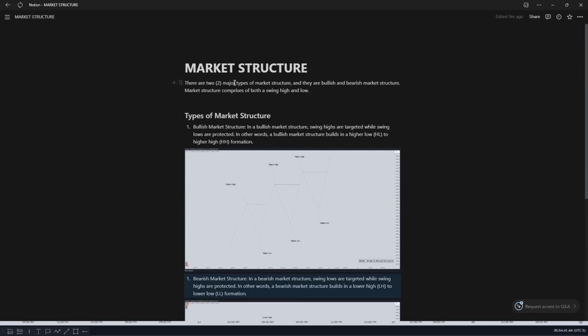There are two major types of market structure: the bullish market structure and the bearish market structure. If you're not really new to trading, you should have heard about them one way or the other.